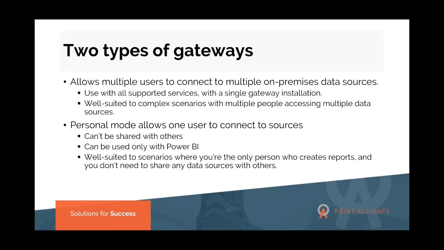The personal mode allows one user to connect data sources and can't be shared with others. On the on-premises data gateway, personal mode can be only used with Power BI. This is particularly well suited to scenarios where you're the only one who creates reports and don't need to share any data sources with others.